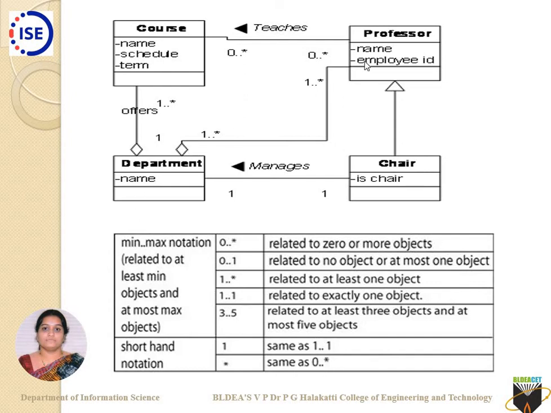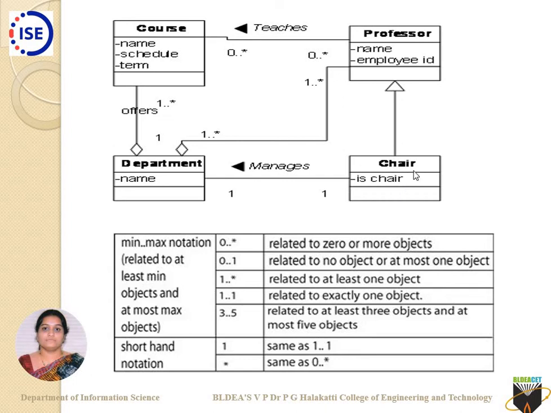Here it is better I explain this in my further classes, because you should know these symbols' meaning. But for the time being, you can come across this class called department and this class called chair. For a particular department there happens to be a chairperson.